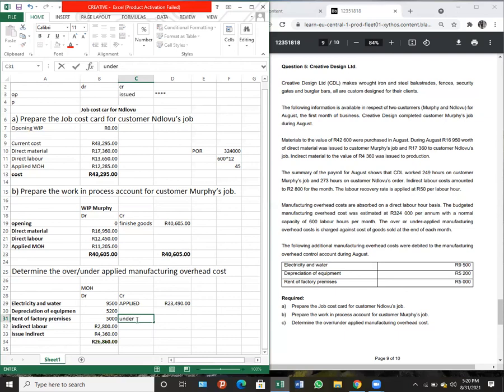What will we do, guys? We will write it on the debit side. Correct. Over is on the debit side, guys. Under is on the credit side. Let me total this. To get this, guys, is equal to actual minus applied. You see, guys, I applied the formula.